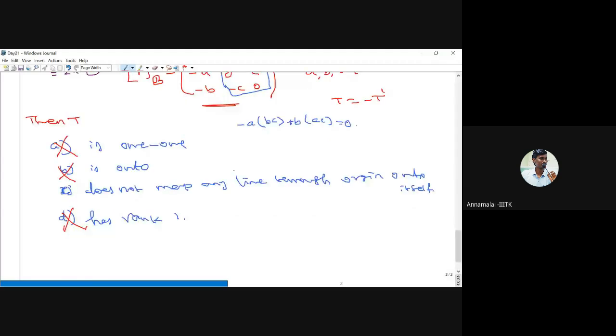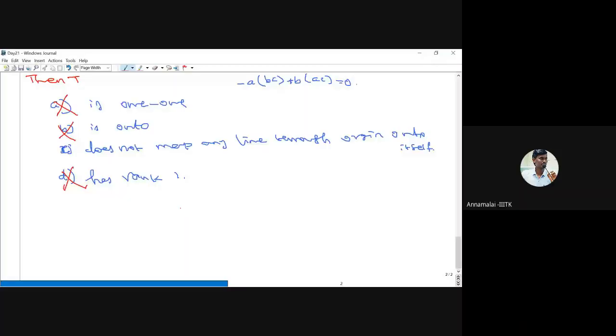What is the line equation in R3? If you take ax plus by plus cz equal to 0, then this is a plane passing through the origin. Suppose if you take only 2 variables, then it is a line passing through the origin. Got it?